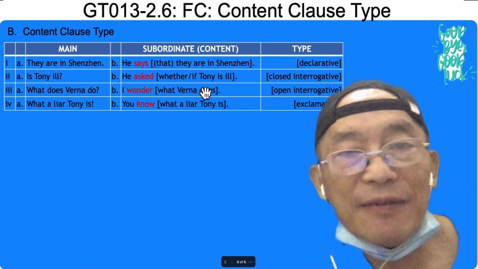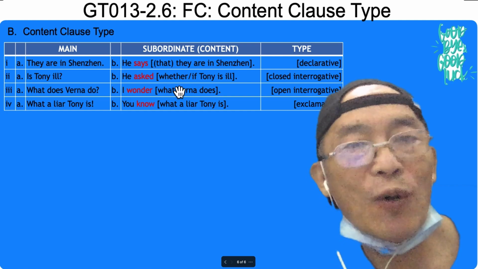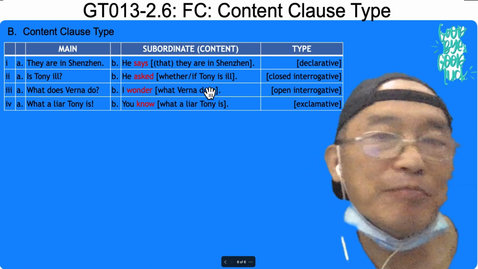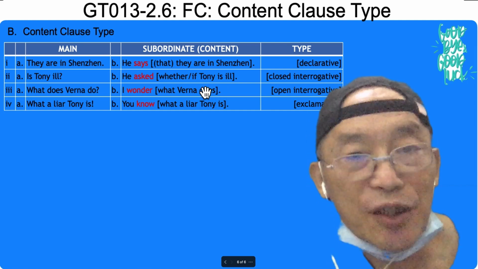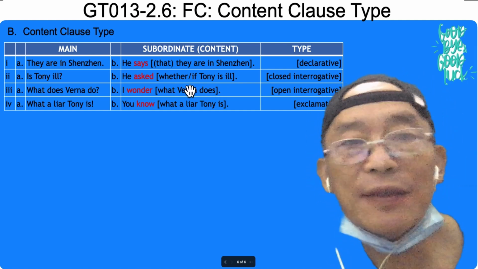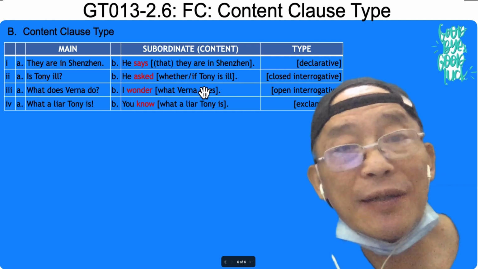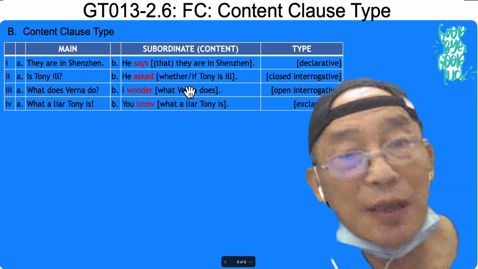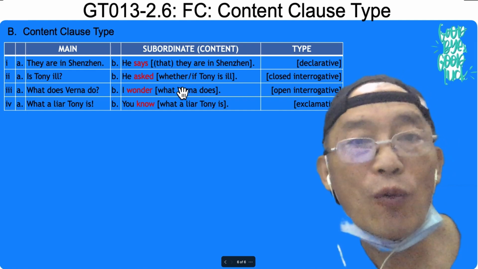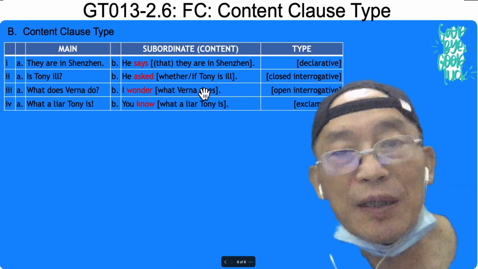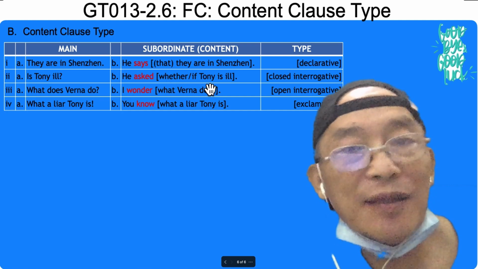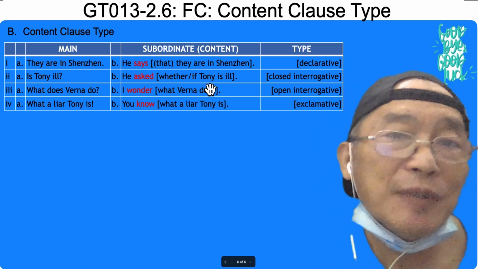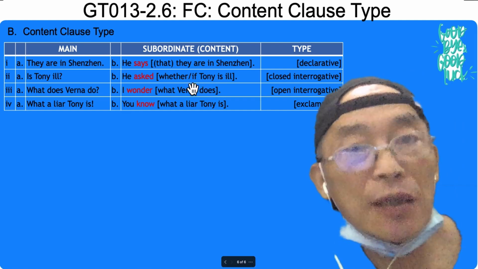And this if, its meaning is very similar to whether. So it's a type 1 if. Interrogative if. It's not conditional if. Interrogative if belongs to subordinator, like this one, whether. So interrogative if, whether, and that. These are the only 3 subordinators for a content clause.